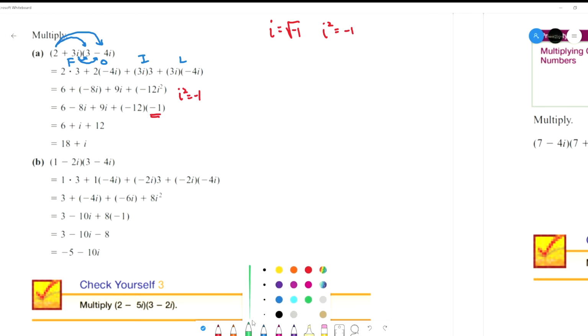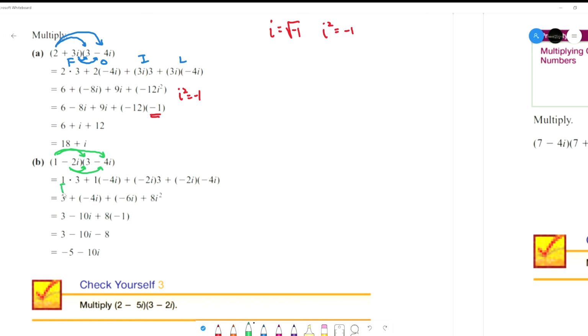All right, so let's do the second problem. Our first term is 1 times 3. Our outer is 1 times negative 4. Our inner is negative 2i times 3, and our last is negative 2i times negative 4i, right?